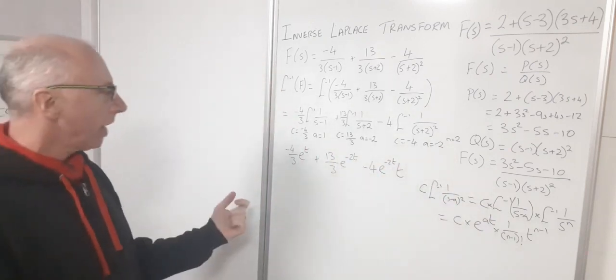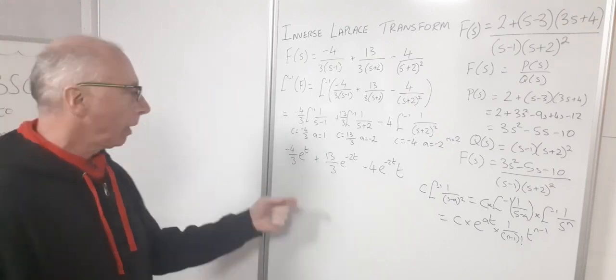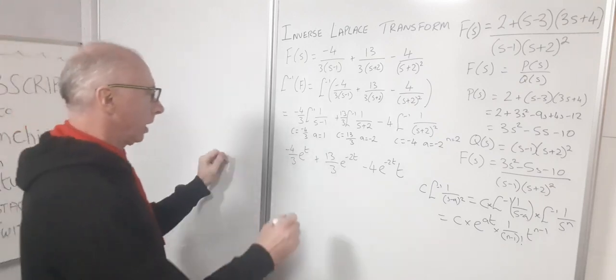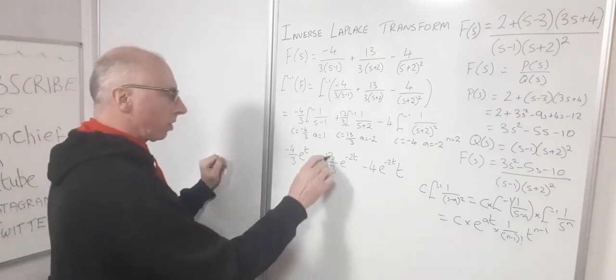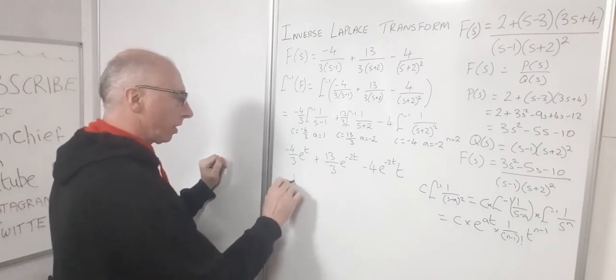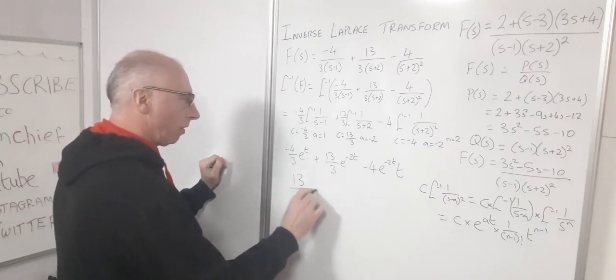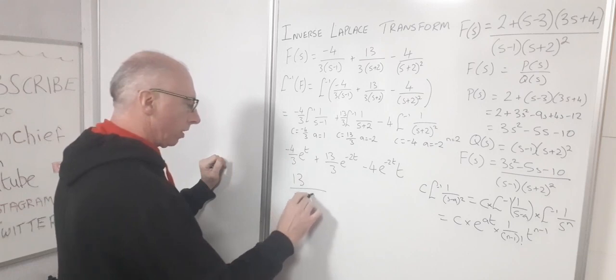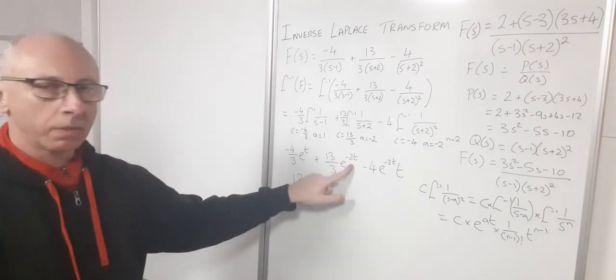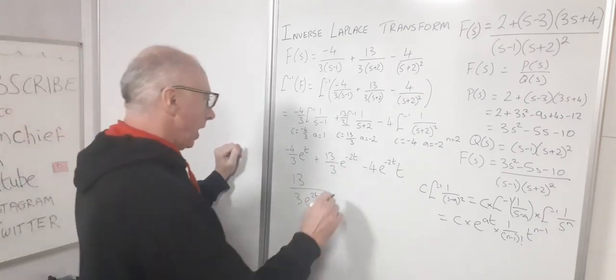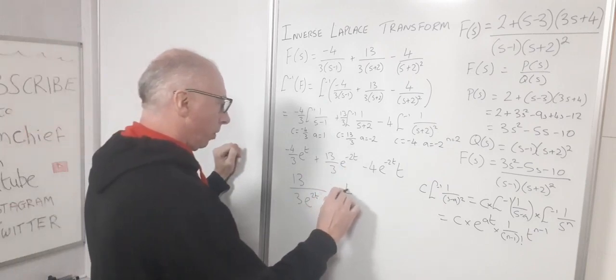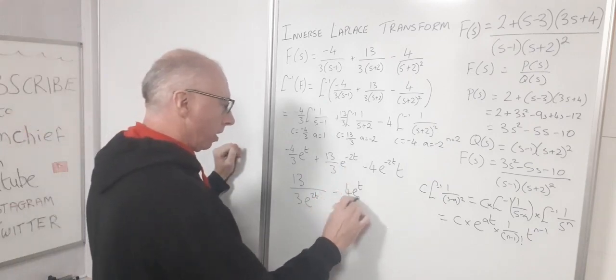Okay. So that there is a valid result, but I'm just going to neaten it up a little bit. So I'll put my constant term with a positive at the front. So 13 over 3 e to the minus 2t, so I've got a positive term first. And then minus 4 e to the t over 3.